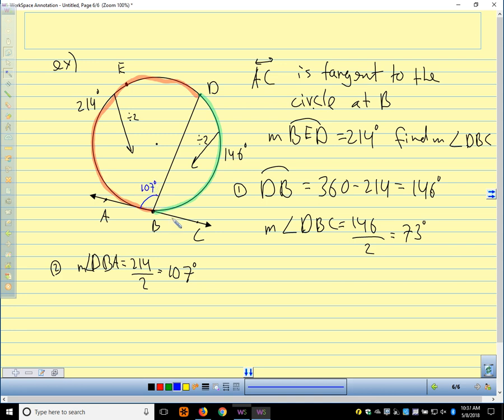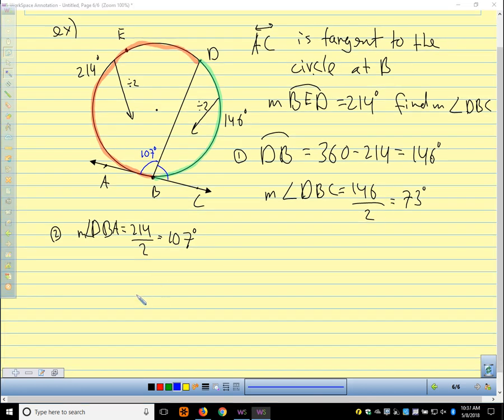So this angle is 107 degrees. And what do we know about these two angles? What is this? It's a line. So what do those two angles have to add up to? 180. They're a linear pair.